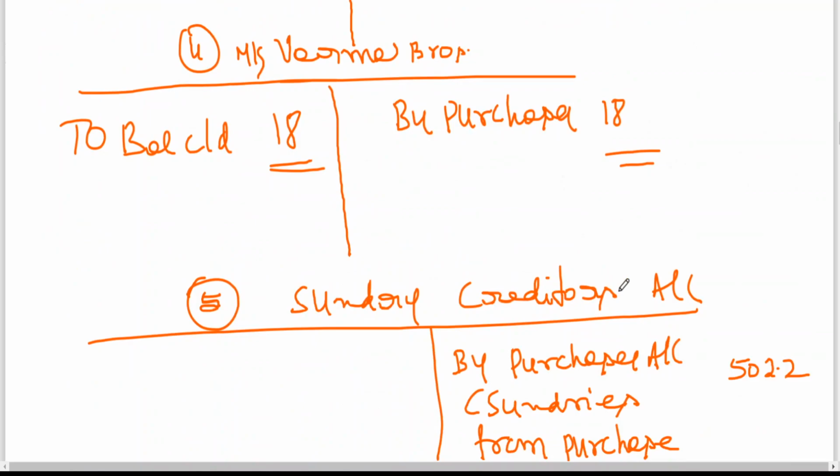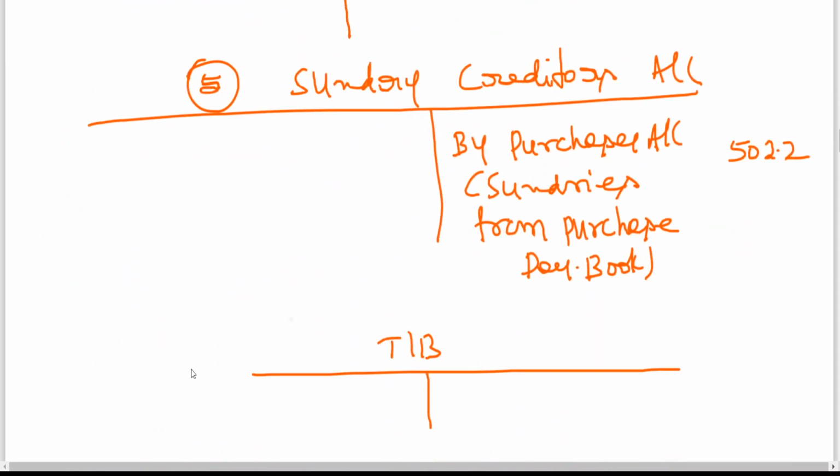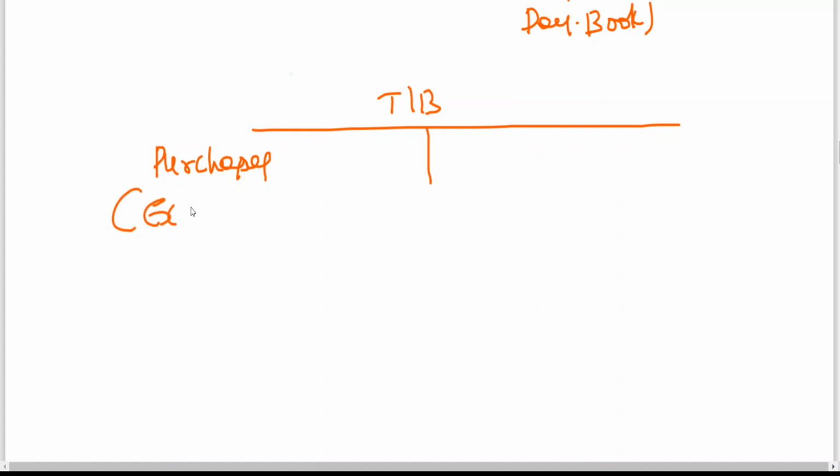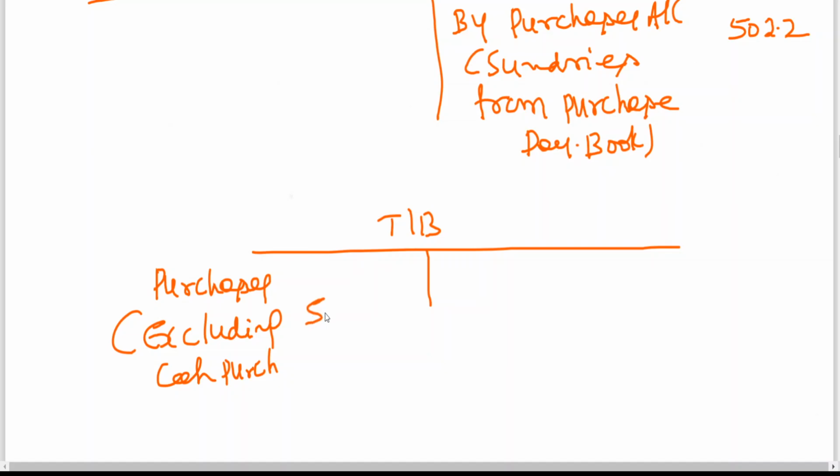1, 2, 3, 4. And if you look at the purchase account excluding cash purchases, 502.2. Now here, shall I take Brown, Paper Co, Mrs. Verma?